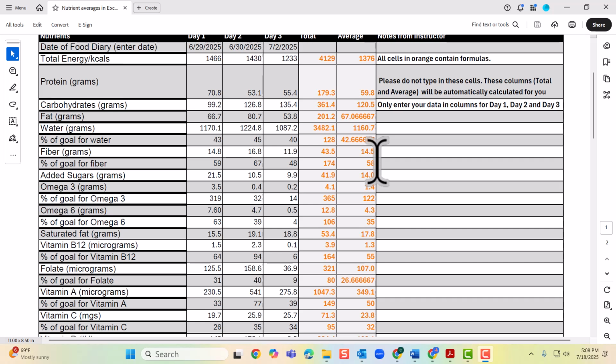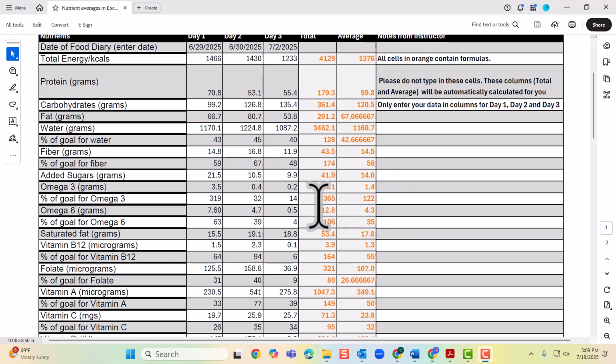For those of you that don't know how many grams of fiber you're supposed to be having every day, you know that 14.5 in this example is actually a little over half. It's very low, in my opinion, because you want 100% and you're only at 58. So there's room for improvement.